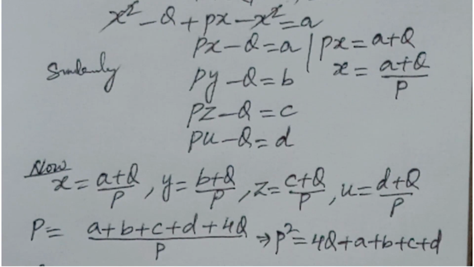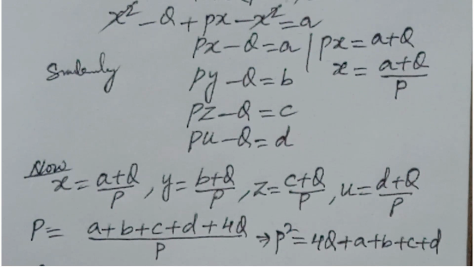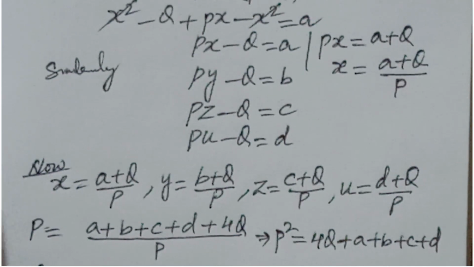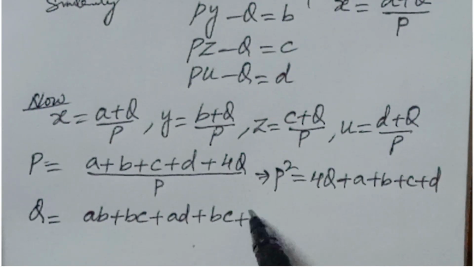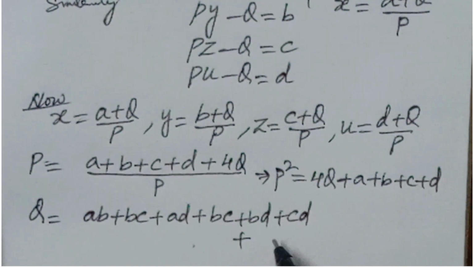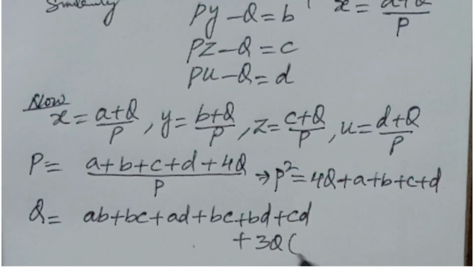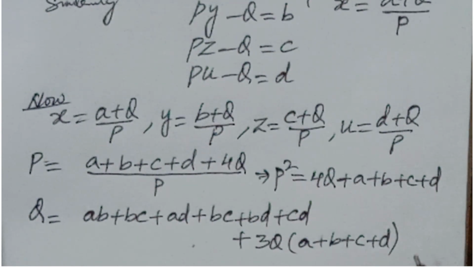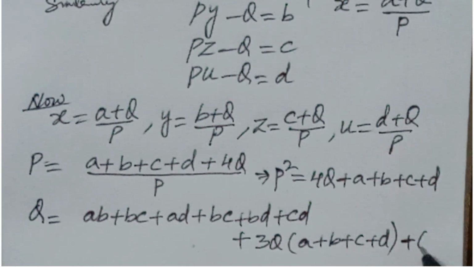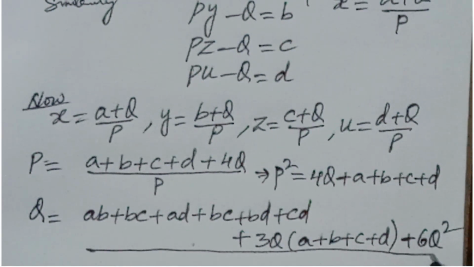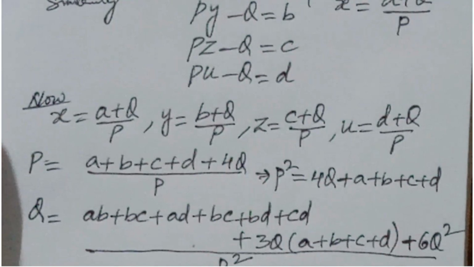Directly I am writing: ab plus bc plus ad plus bc plus bd plus cd, plus 3q times (a plus b plus c plus d), plus 6q², all divided by p².